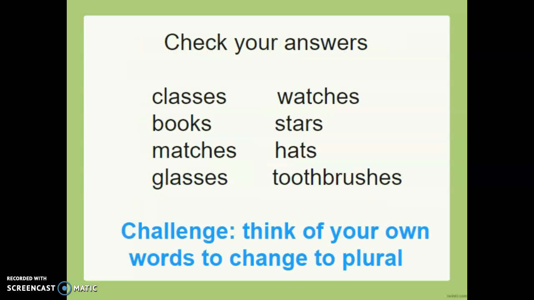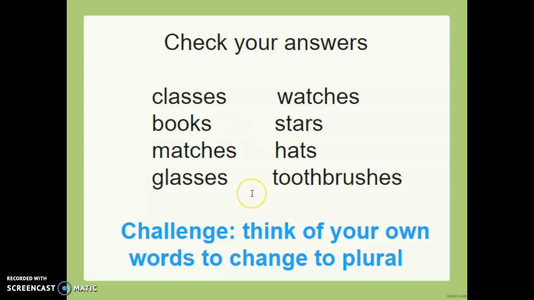How did you get on? Let's check the answers together. Can you see that class, we had to add ES because it's got that hissing sound at the end of it. Book, we just add an S. Books, you can hear just the one sound at the end.